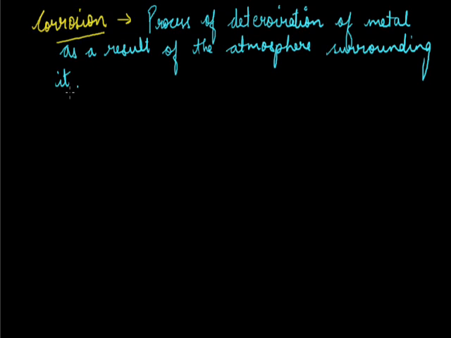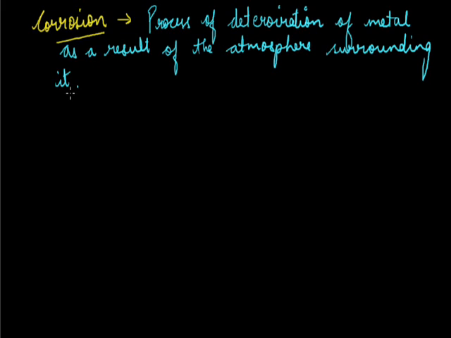When it comes in contact with the atmosphere, it has a coating of a brownish substance, and that is rust, which is formed because of the corrosion of the iron. That phenomenon is known as rusting. So basically, it is also corrosion: corrosion of iron is known as rusting.